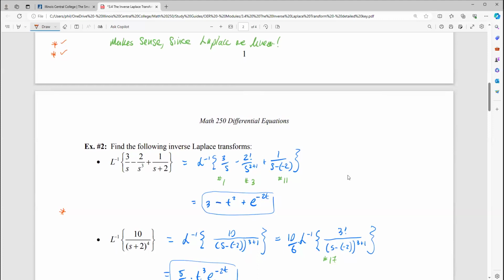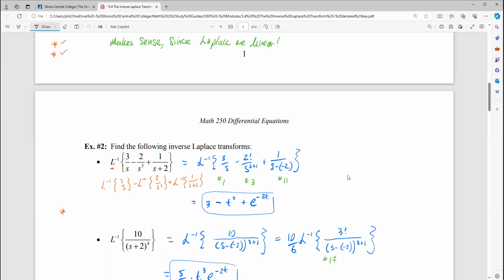Now, a couple more examples, slightly more complicated. Find the following inverse Laplace transforms. What is the inverse Laplace transform of this function here? The point is that we can do this by linearity first and foremost. We can break this up: the Laplace inverse of 3 over s, minus the Laplace inverse of 2 over s cubed, plus the Laplace inverse of 1 over s plus 2.